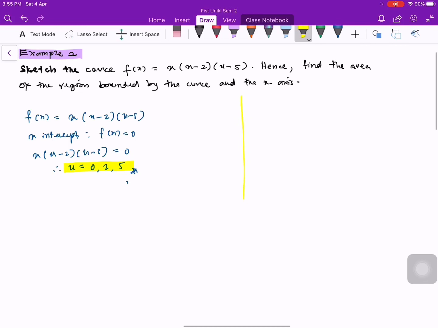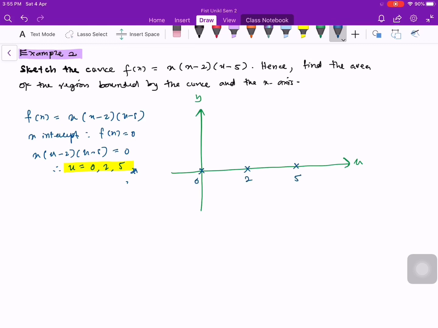So our graph is supposed to look something like this. This is the y-axis. Sorry, I will place it a bit to this side. Alright, so this is the y-axis and x-axis. Our x-intercepts will be at 0, 2, and 5.